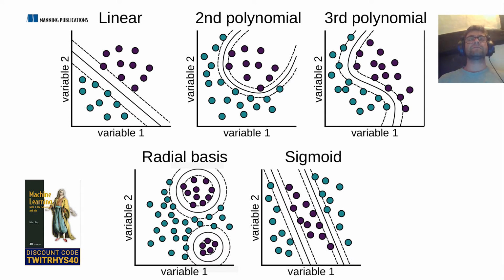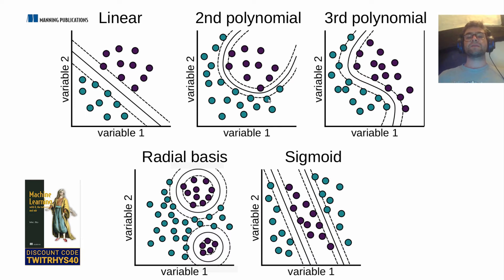And so during our hyperparameter tuning process, we have to get the model training process to select the best performing kernel. We have the linear kernel, which is actually equivalent to no kernel at all.